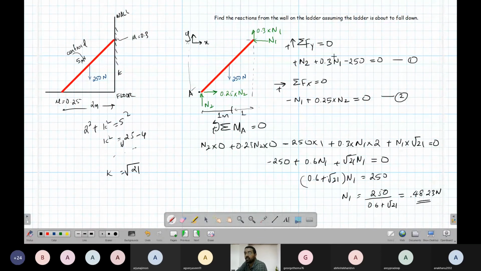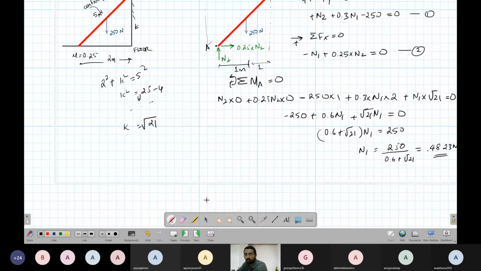Okay, you substitute the value of n1 in any of these equations. Substitute n1, you will get n2. So I'll substitute in equation 2. What do you get? Minus 48.23 plus 0.25 into n2 equal to 0.